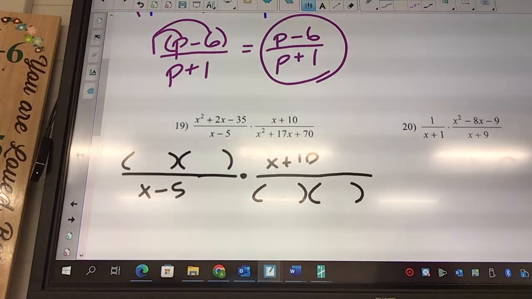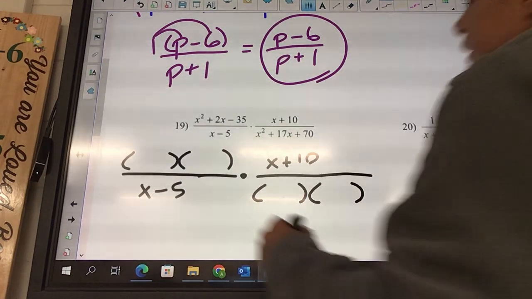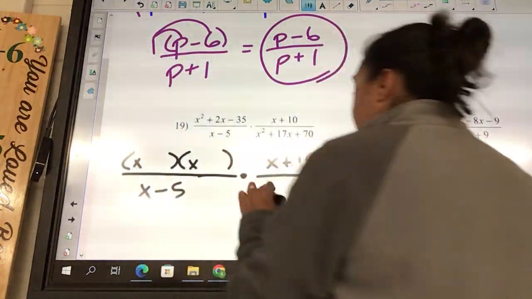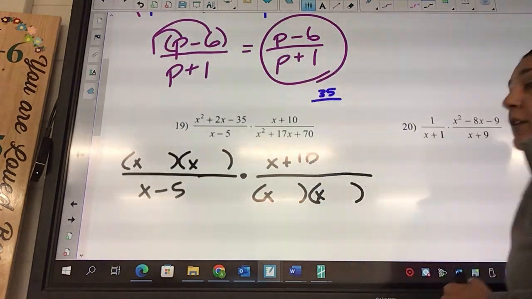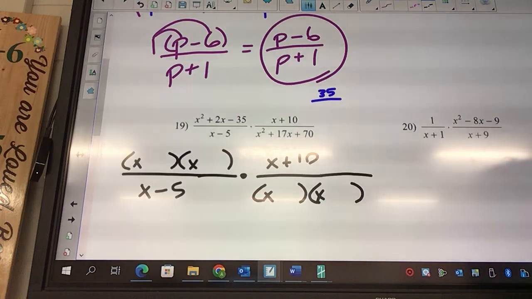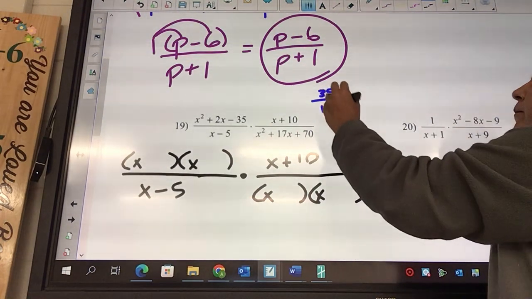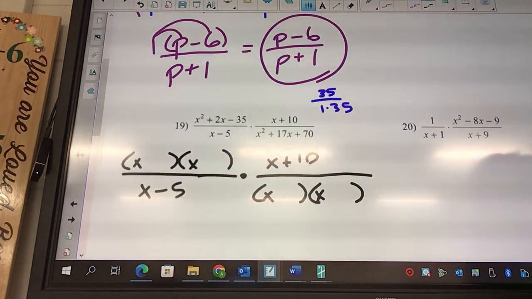For this first one, we're going to have X and X. Same thing down here. We're going to make a list of 35. What are some factors of 35? 1 and 35, good. What else?